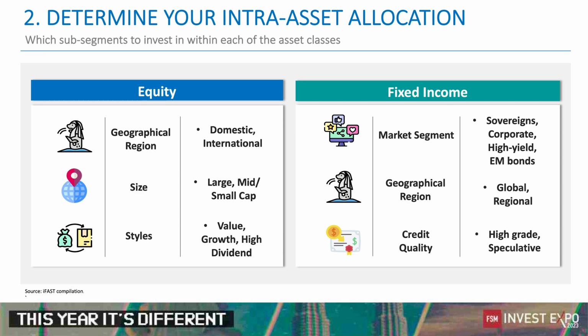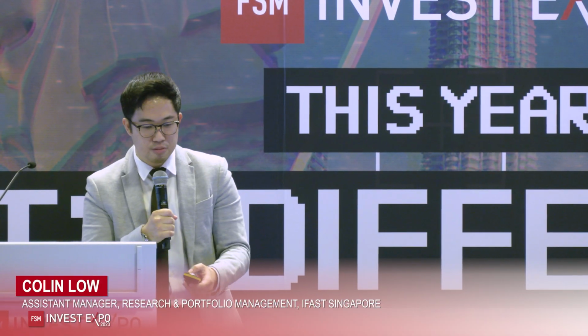For equities, some of the common ways include segmentation by size, by geographical regions, as well as by styles. And by styles, I mean your value, your growth, or your high dividend, or your low volatility equity markets. And on top of that, for fixed income, you can also segment them even further by market segments, geographical regions, as well as credit quality.